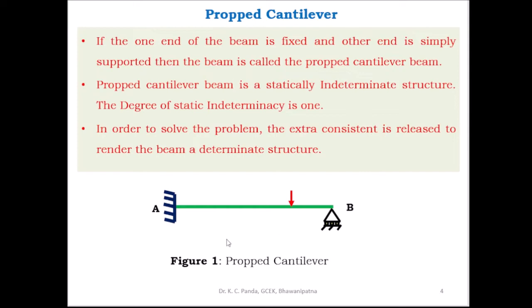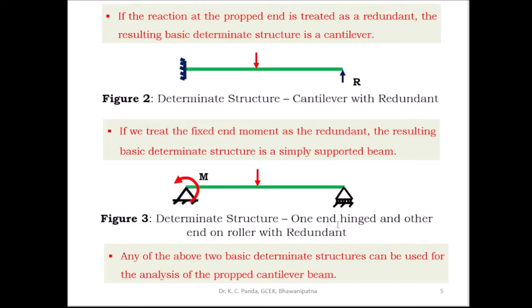In this propped cantilever, the end A is fixed and the end B is the propped end. This propped cantilever can be solved by using the consistent deformation method to find out the unknown reaction at the propped end. This can be evaluated by two cases.